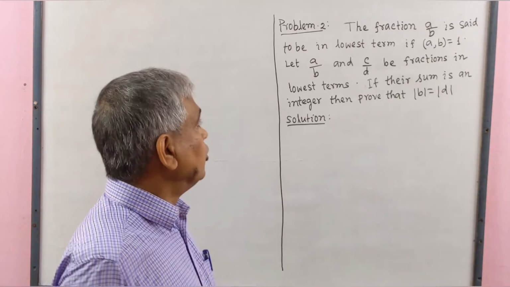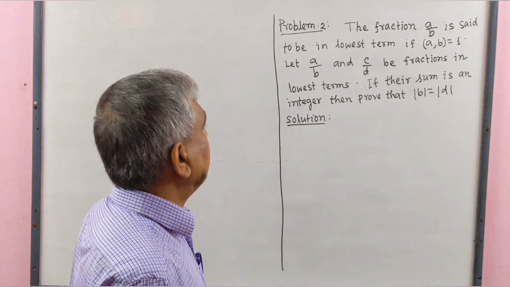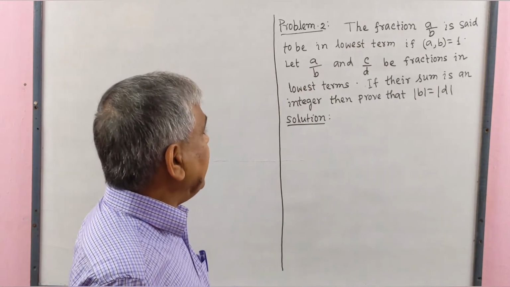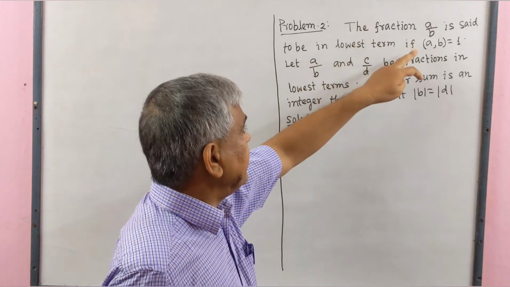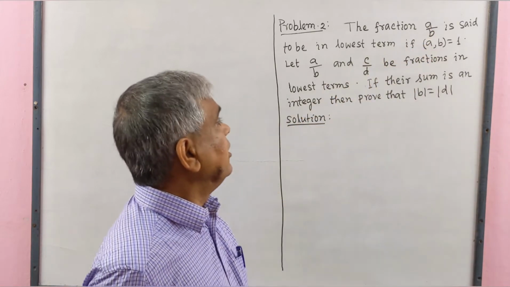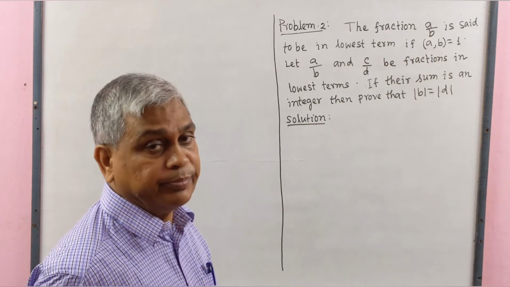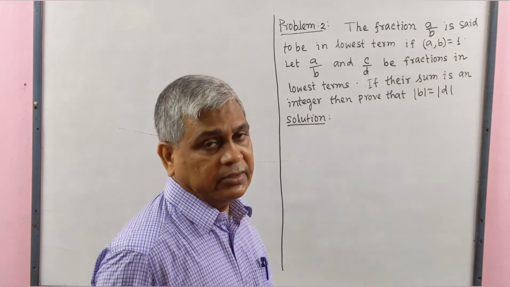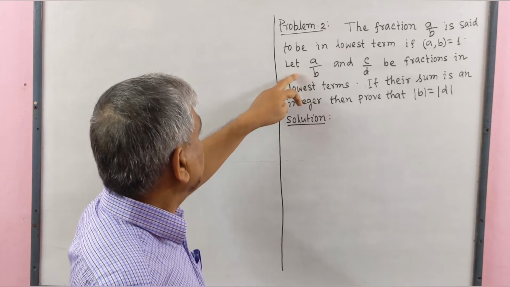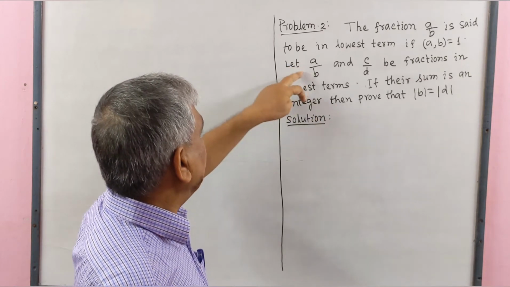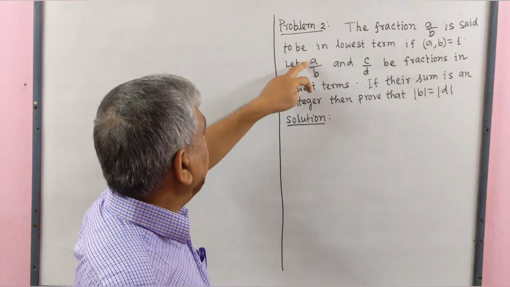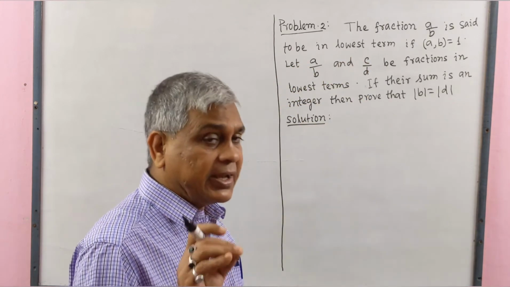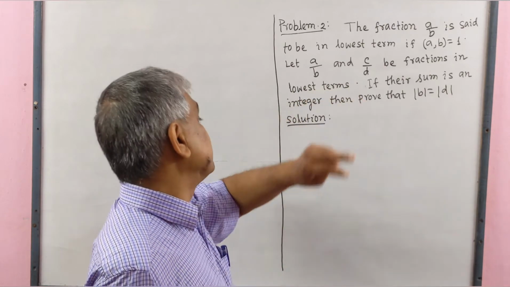Now we solve problem number 2. Here it has been stated that the fraction a by b is said to be in lowest term if GCD of a and b is 1. Now, this is the part of the problem. Let a by b and c by d be fractions in lowest terms.